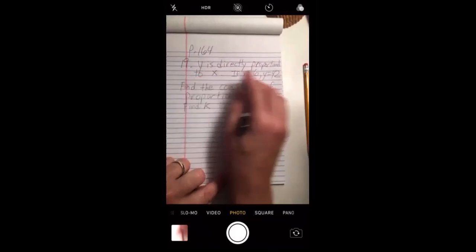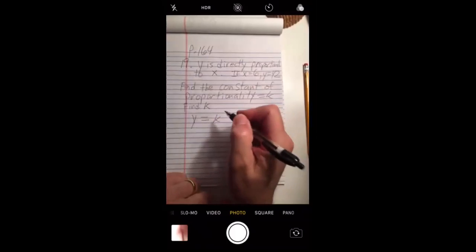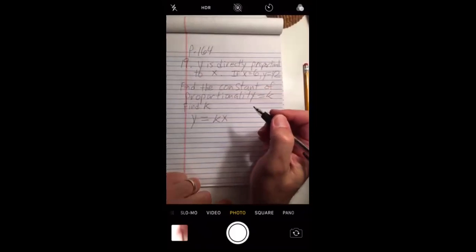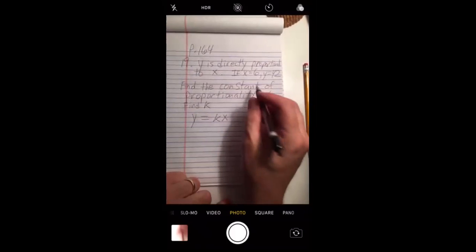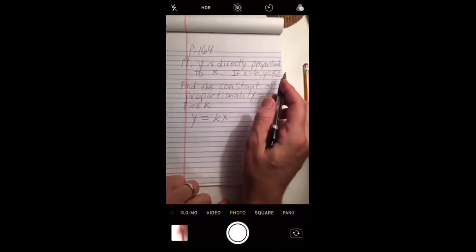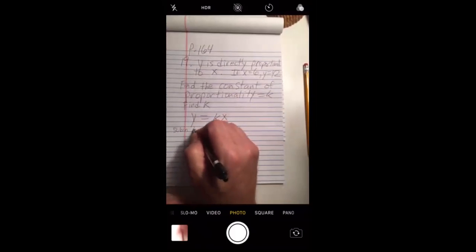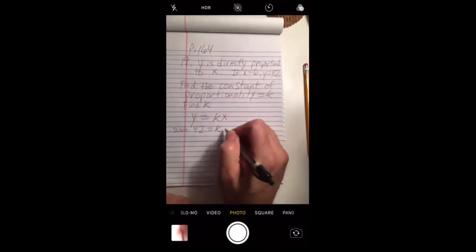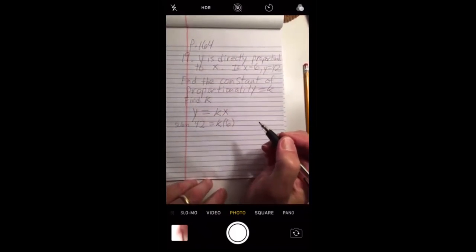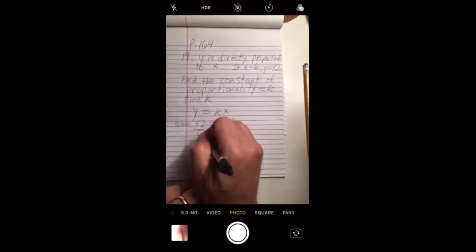All right, so you first write your equation, y equals K, and directly proportional just puts an X there. Now you look to these numbers, notice that they've got to give you every other letter but the K. So I sub in 42 for the Y, K, 6 for the X. All I got to do, undo that multiply, divide both sides by 6.